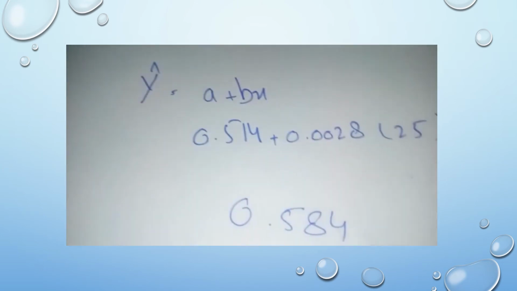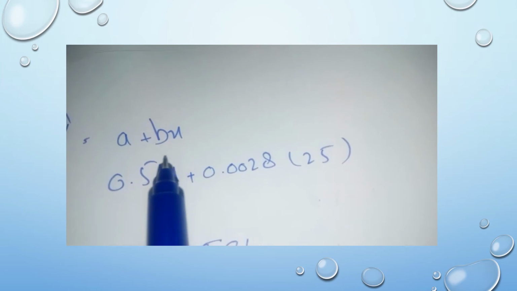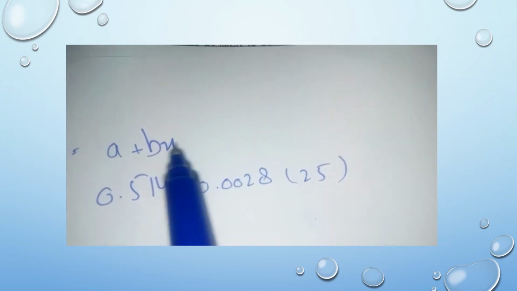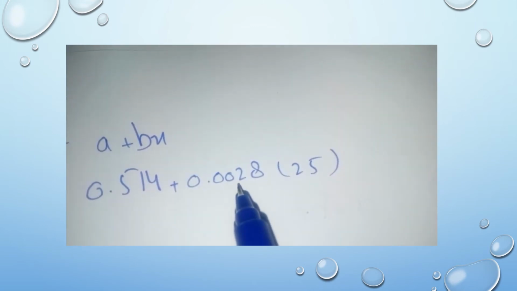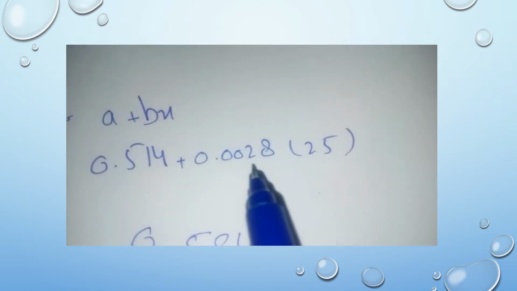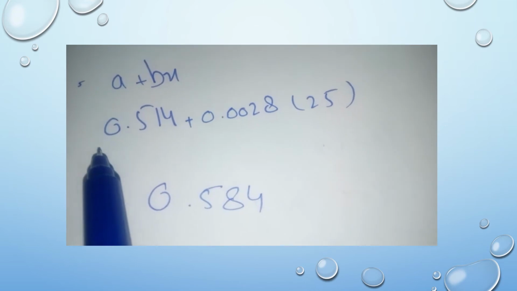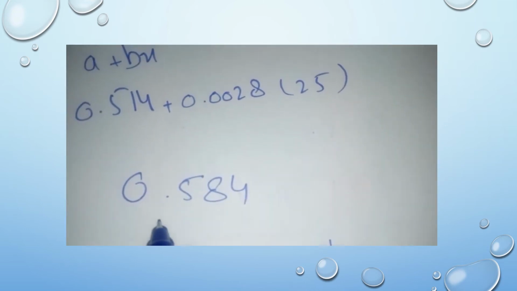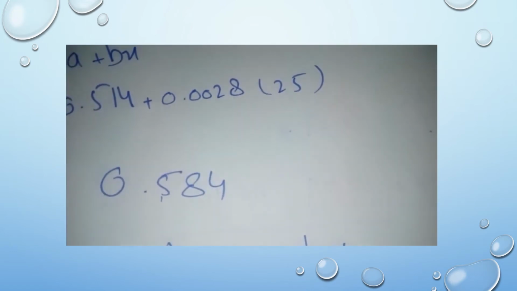So simply we put the values. The value of a is 0.514 plus b, the answer of b is 0.0028, and x is 24. So after we put the values according to the formula, the answer is 0.584.